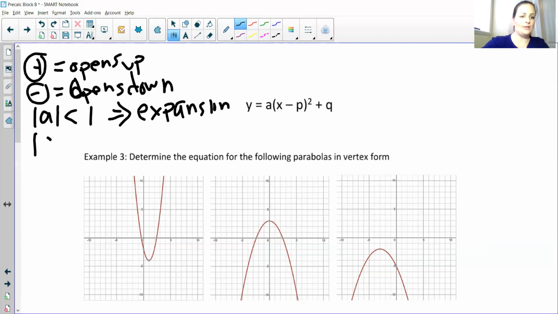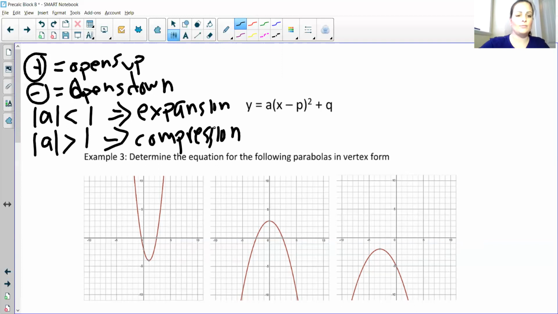And if the absolute value of A is more than 1, so it can be like 2.5, it doesn't have to be an integer, that is a compression. That is an arrow, and it does not look like one. I think I'm making it worse.